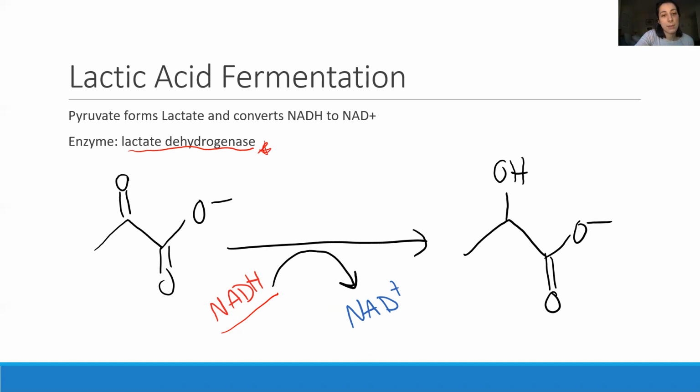This is an enzyme that is utilized in humans to make lactate from pyruvate. It's also abbreviated as LDH. LDH is actually measured in a lot of medical settings because it is a marker.